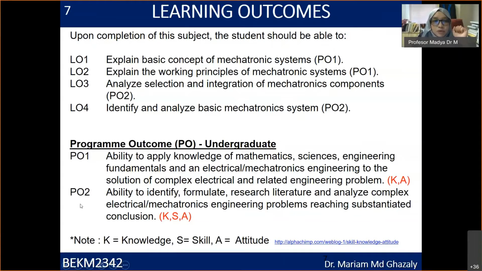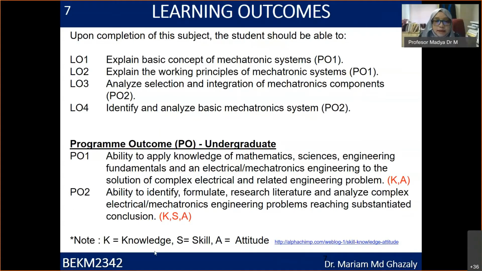And PO2 is mapped to LO3 and LO4: the ability to identify, formulate, research literature, and analyze complex electrical and mechatronic engineering problems. That means how we relate it to assembling a mechatronic system: the actuator, the signal conditioning, the controller, and so on.